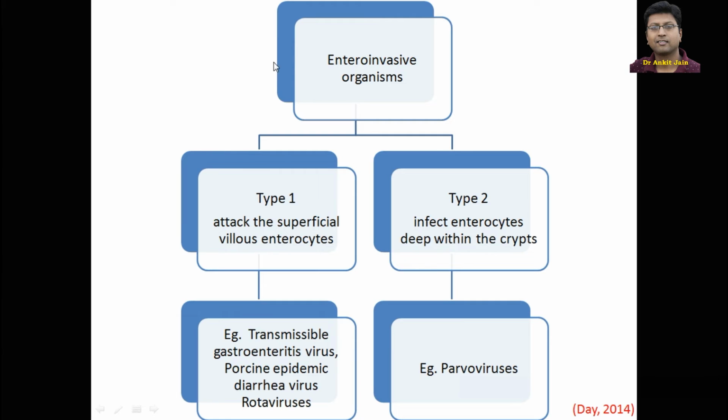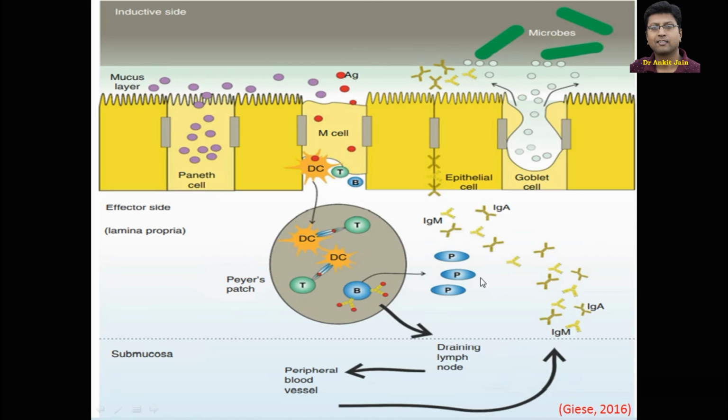So basically the mucosal vaccine will work only against type 1 viruses, because these viruses damage only the superficial layer of enterocytes. The mucosal vaccine will only produce IgA antibody that will protect the mucosal surface or mucosal layer, and it will prevent the viruses from attaching to the particular cell.